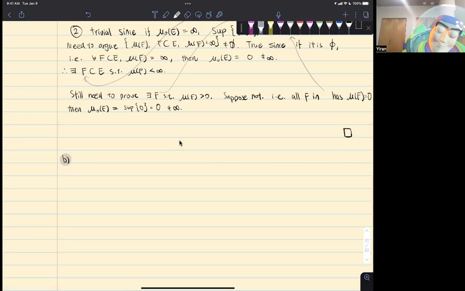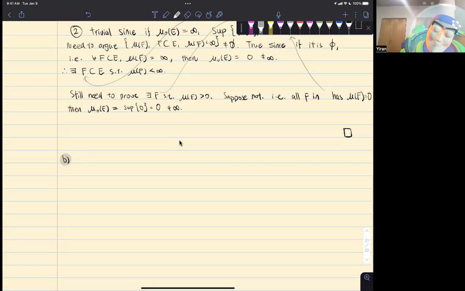So mu of E is equal to infinity, and the summation from j equal to 1 to infinity of mu of Ej is also equal to infinity.